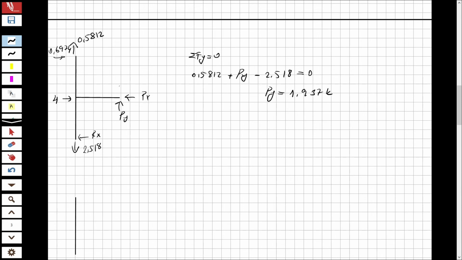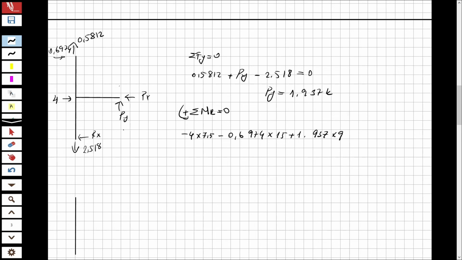1.937 kips. So let's take the moment MR with respect to point R, and this side is positive: minus 4 multiplied by 7.5, and minus 0.6974 multiplied by 15, plus 1.937 multiplied by 9.